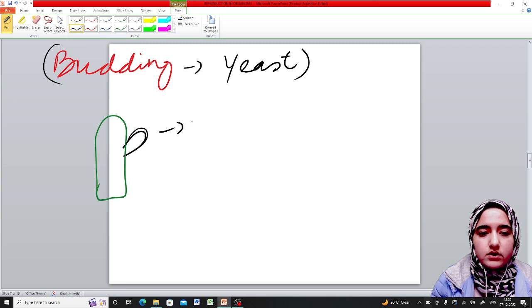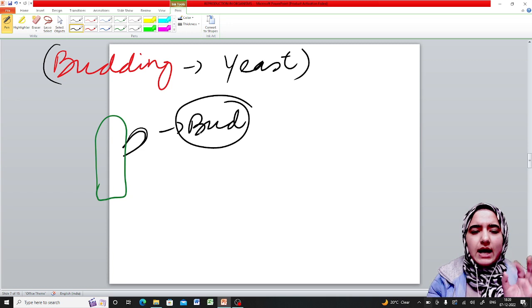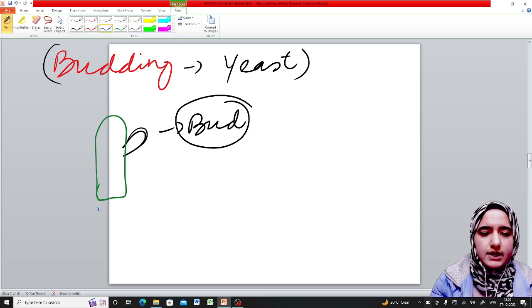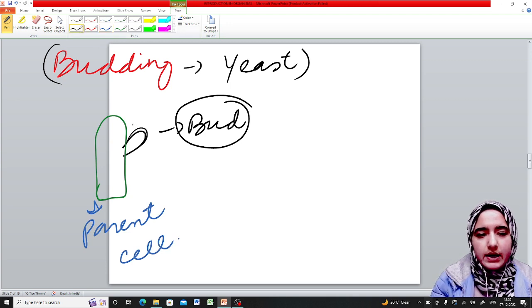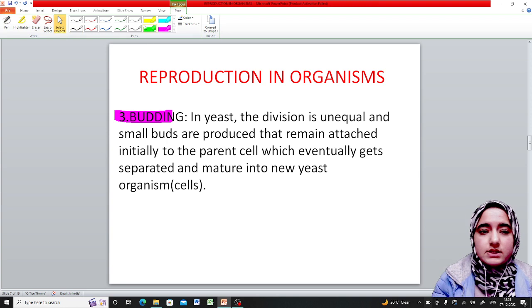Initially it remains attached to the parent cell, but eventually this bud gets separated and grows into a new organism, or we can say a yeast cell. This is budding. I hope this is clear.